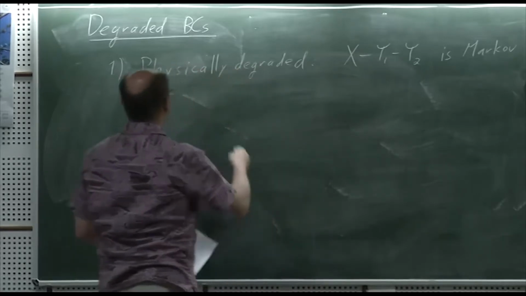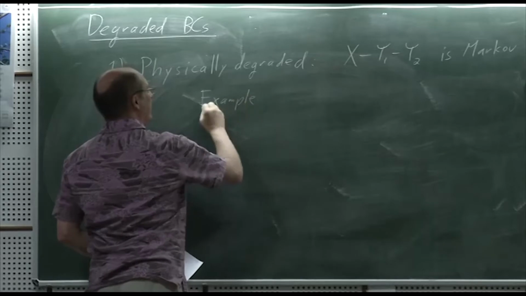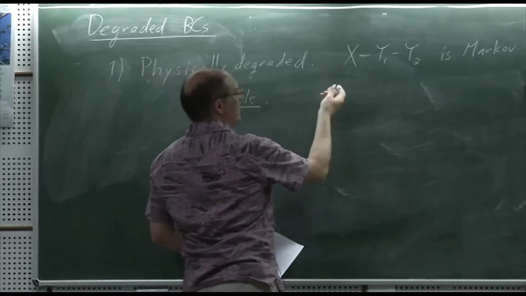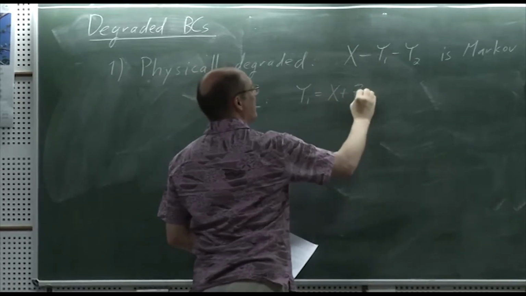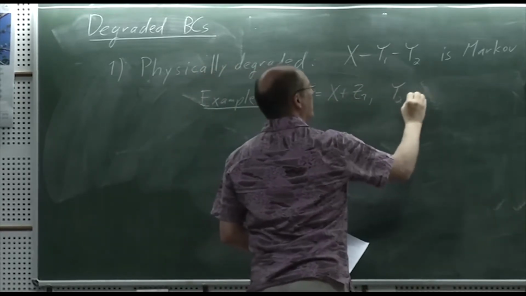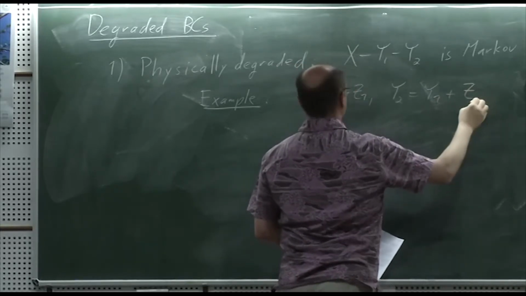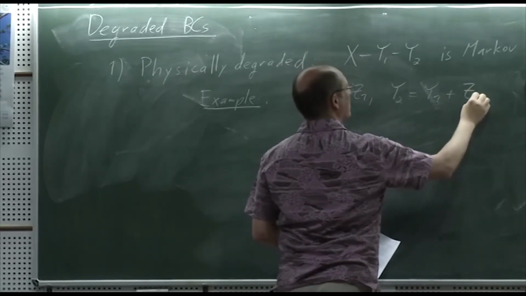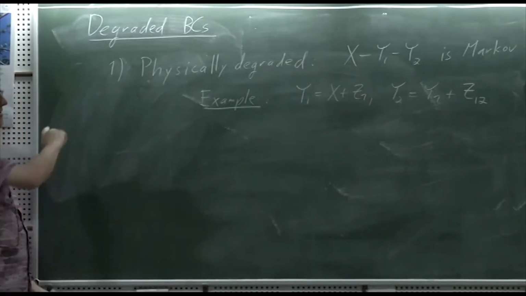For example, suppose we have a Gaussian channel or an additive channel, where Y1 is X plus Z1, and Y2 is Y1 plus Z2. Okay? That's an example of where you have a Markov chain.